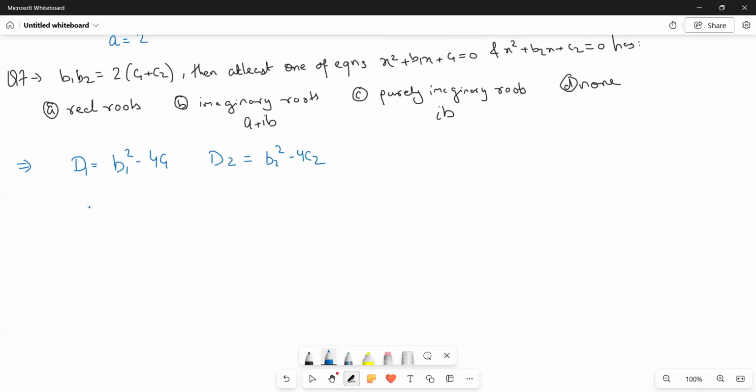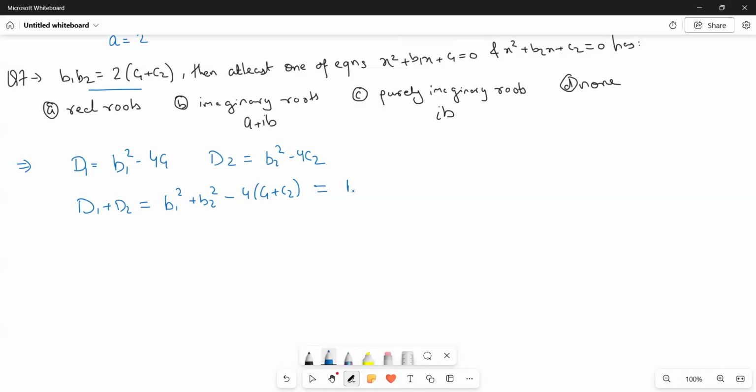Okay. Now notice, if we do D1 plus D2, this will come to B1 square plus B2 square minus 4 taken common, C1 plus C2. But what is the value of C1 plus C2 given in the question? It's B1 B2 by 2.